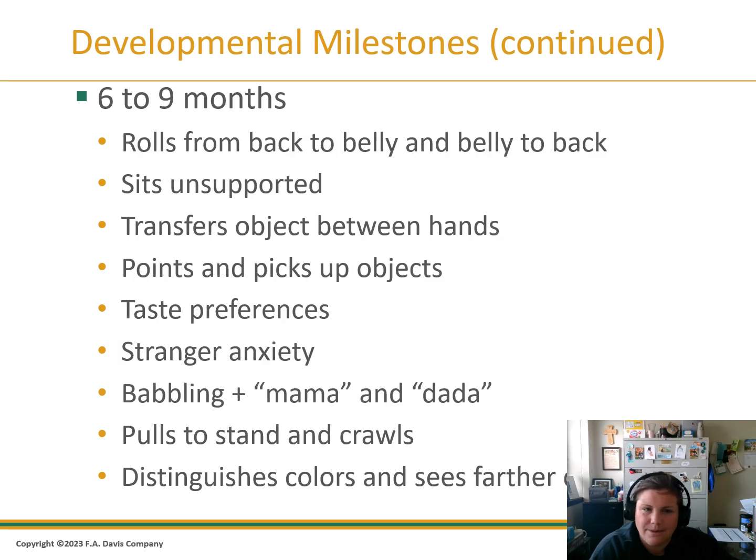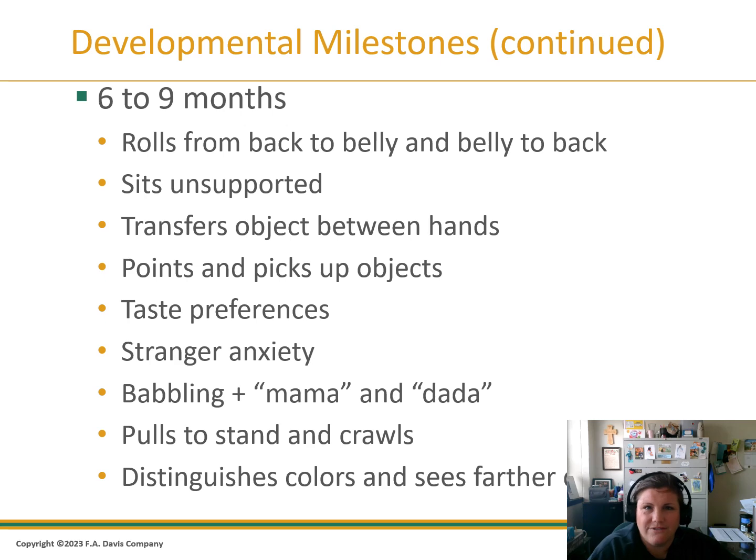At 6 to 9 months, the baby should be able to roll both directions, from back to belly and from belly to back. They should be able to sit without support, so they don't even need help anymore. They are able to pass objects between their hands. They can point to things, and they're starting to pick up items or objects in front of them, like Cheerios or their pacifier.